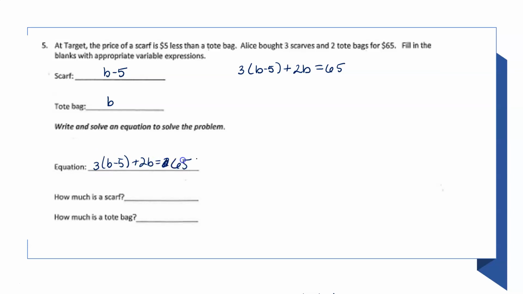We want to know how much each of those things is. So we're going to take 3 times B, which is 3B, 3 times negative 5, which is negative 15. Let's add the B's. So we have 5B minus 15 equals 65. We're going to add that 15 to both sides.